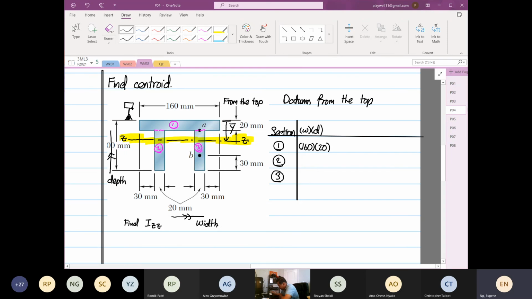For section 2, the width is 20, the depth is 80. Section 3 and section 2 are the same. So the area is 160 times 20, 3200, and 20 times 80, 1600.